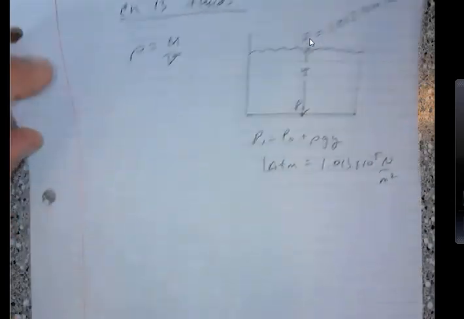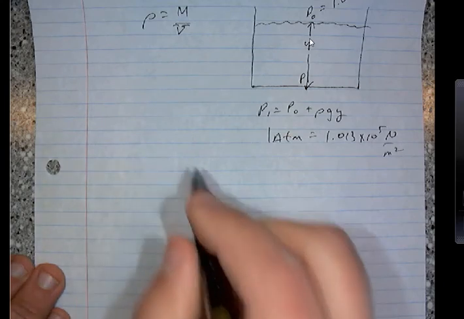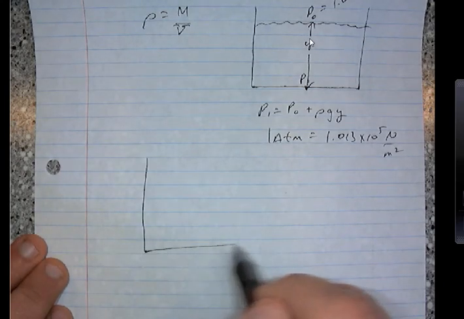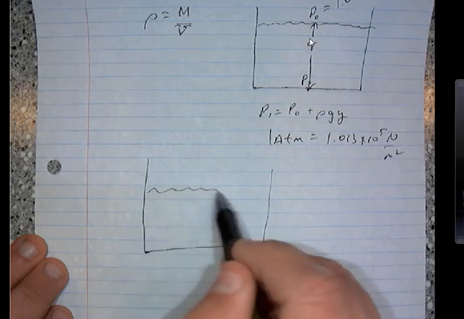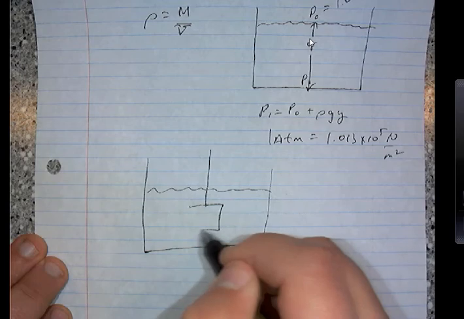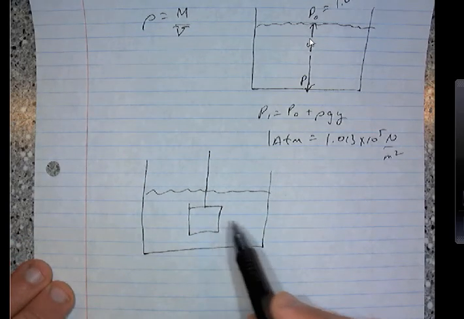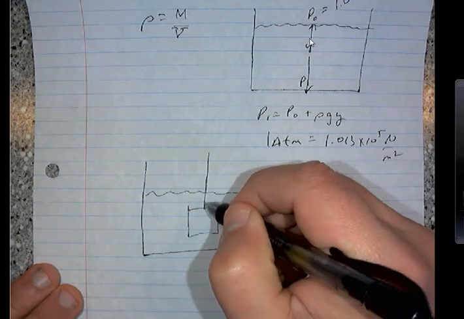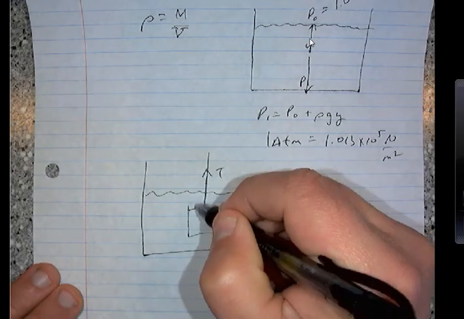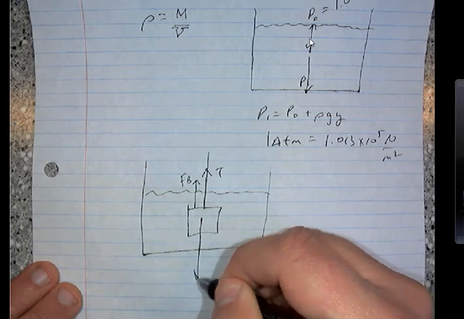The other thing in the fluid statics part was the buoyant force. So if you have something submerged in a liquid, maybe this is actually attached by a string or something like that. This is in a liquid, there's a buoyant force here. So if I wanted to be complete, okay, there's tension this way, there's the buoyant force this way, and then there's mg down.